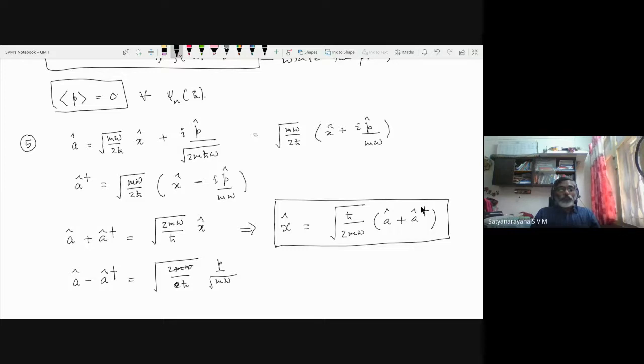So this implies your p operator is equal to the square root of m h bar omega by 2 into, of course, there is an i also sitting here, i, and a minus a dagger.